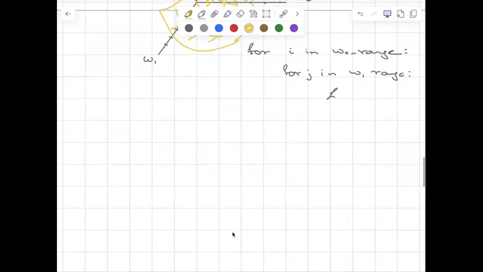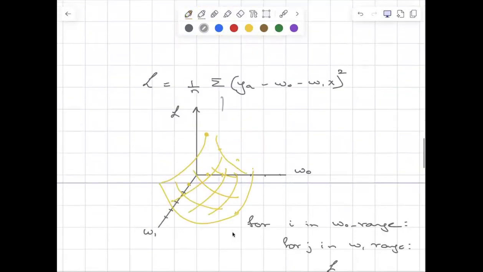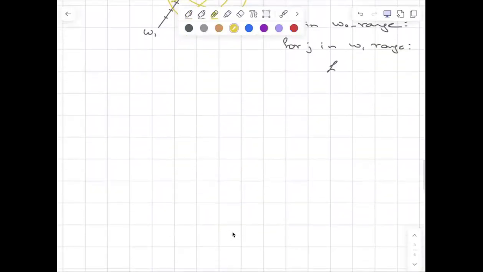Or in two dimensions, if I look at it from the top, it will look something like this. So I'll have my W0 and W1, and then I can draw contours. I can say this is a line where L is equal to 0.1.